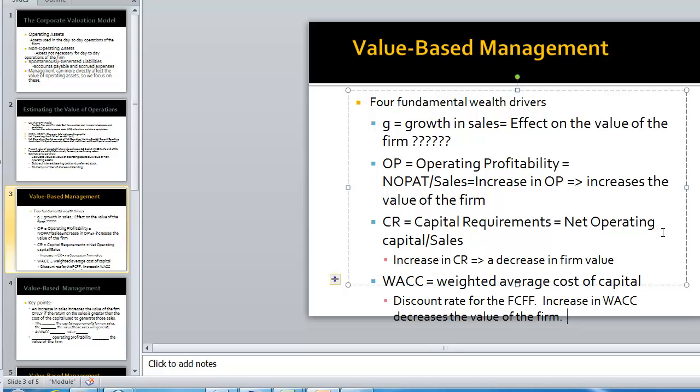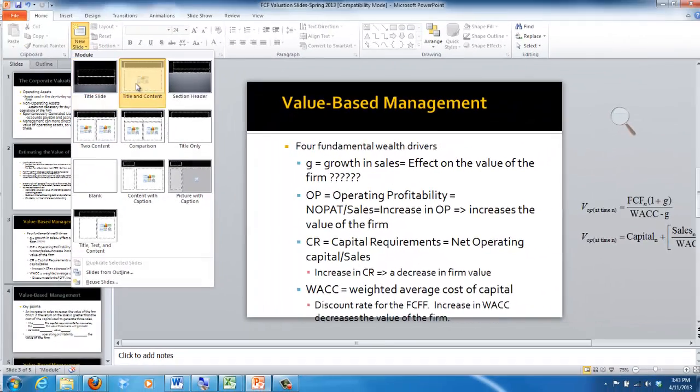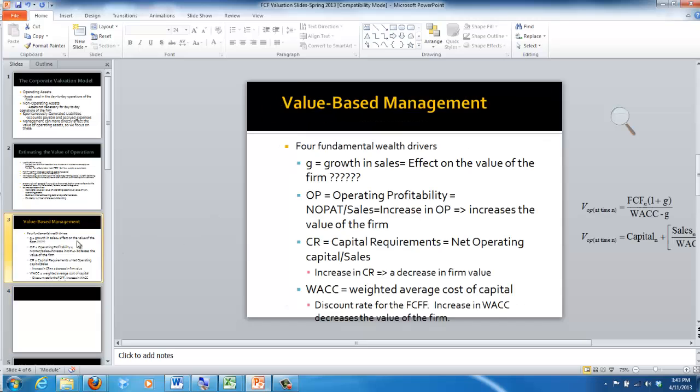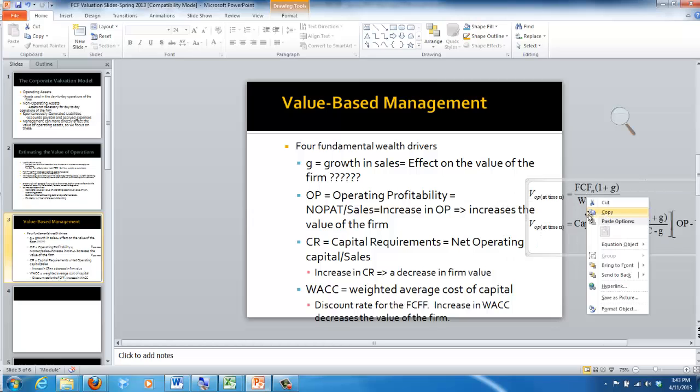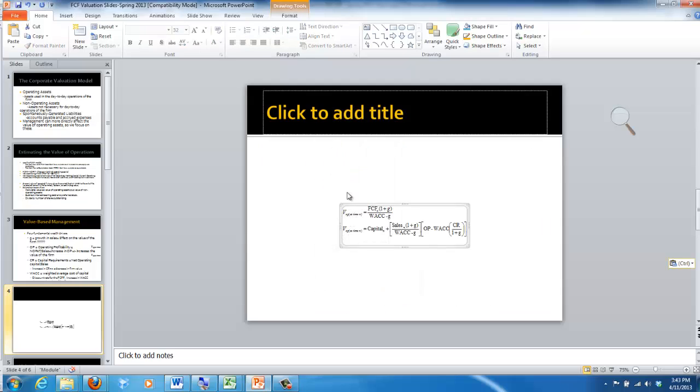And what we can see here, and I'm going to go over here actually. Go back to this slide. We'll just pull this information into the next slide here. There we go.